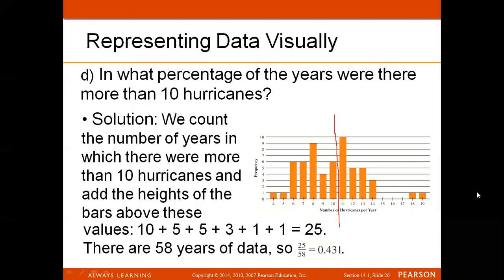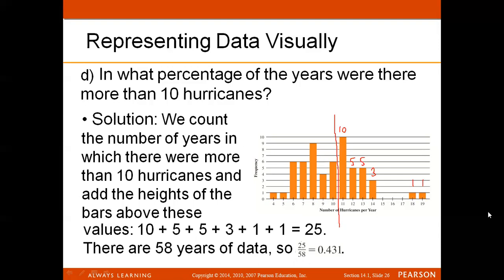So we have 10 years that reported 11, right? Then we have 5, 5, 3, 1, 1. So the number of years, right? We count the number of years in which there were more than 10 hurricanes and add the height of the bars above these values, 10 plus 5 plus 5 plus 3 plus 1 plus 1, which equals 25.